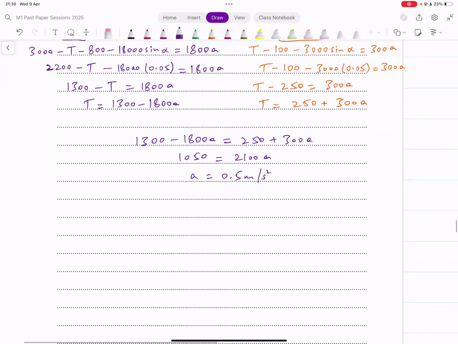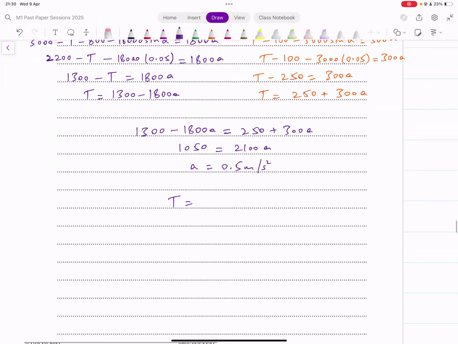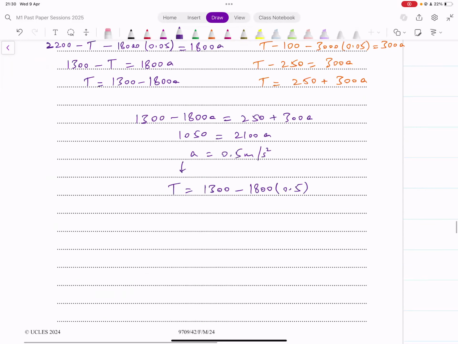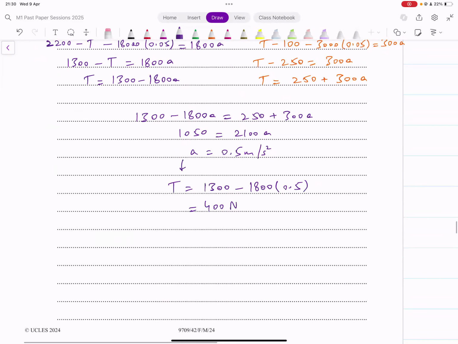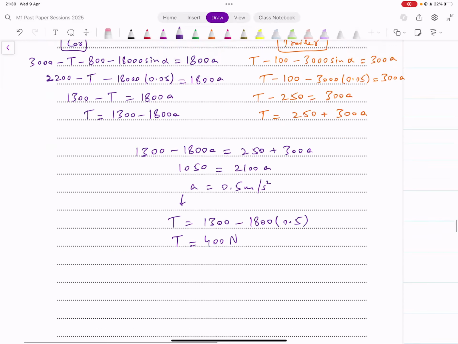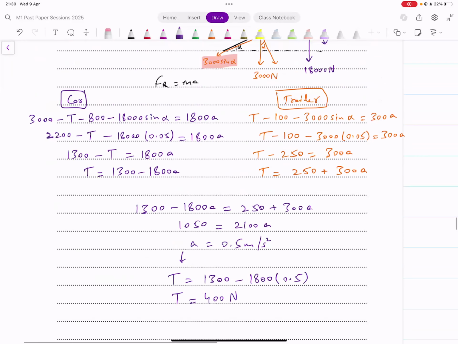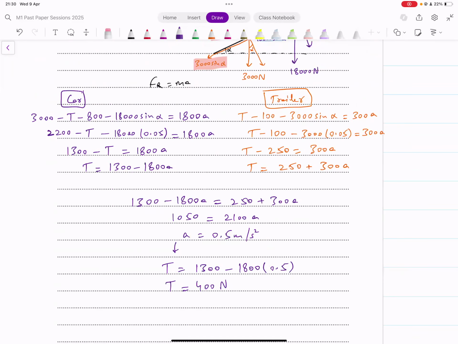Put that back in any one of those two equations, and we'll get the value of corresponding tension as well. 1300 minus 1800 into 0.5, and that will be 1300 minus 900. That's 400. The value of tension turns out to be 400. That's what we have to do in this part. That's a standard Newton's second law of motion question. A lot of careless errors happen in questions like these.